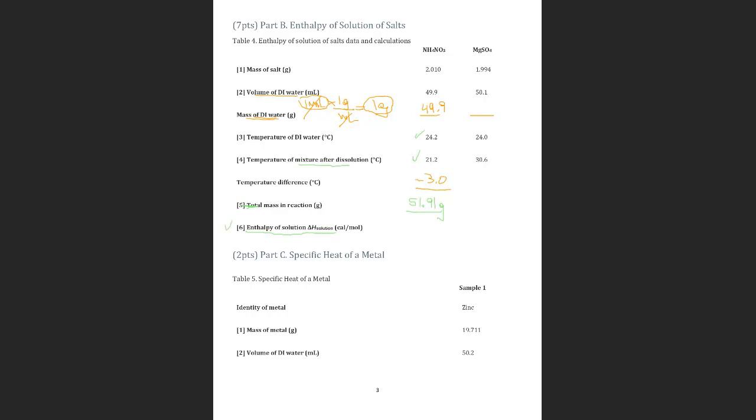In order to make 6, we have to do first the Q of the reaction, and then we'll divide it by the number of moles of salt. That is easy. We know the grams and we convert it. So how is the Q calculated? It's going to be minus the Q of the solution.